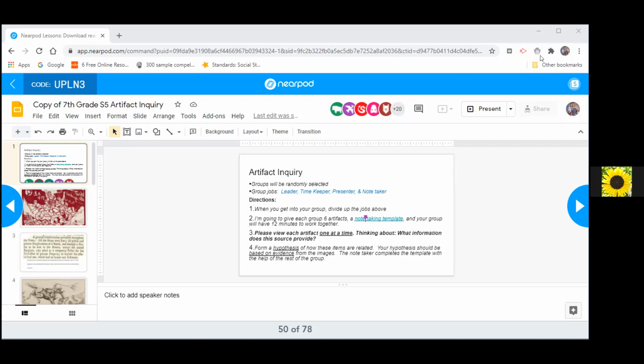Our group hypothesis was that revolutions occur around the world and at different times and places, and usually with war and violence. Okay. Do you have any evidence? Our evidence is that there were plenty of pictures of weapons.